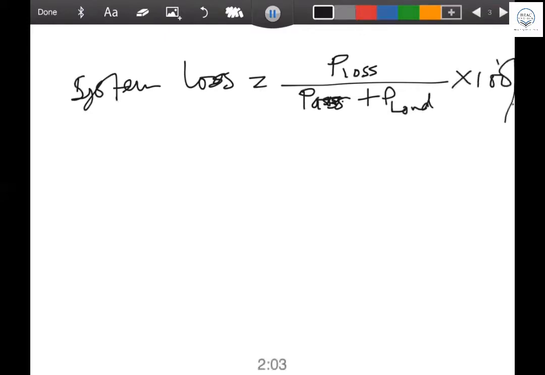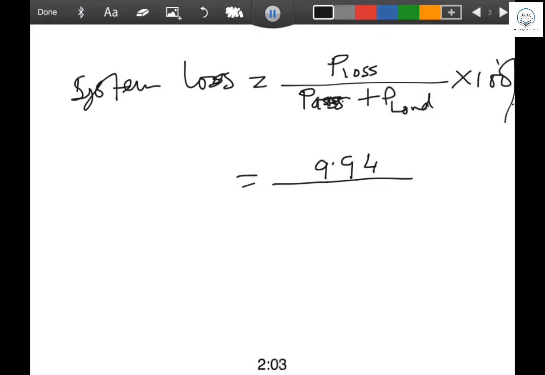Now, first question is, what is our line loss? We already calculated the loss in the wire just now. What is that? 9.94 kilowatt. Okay, 9.94 kilowatt.